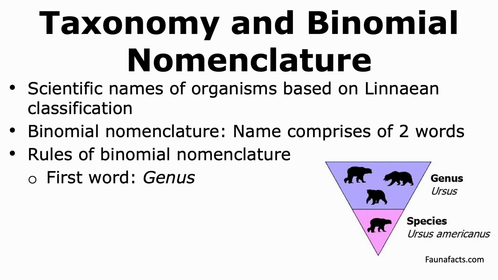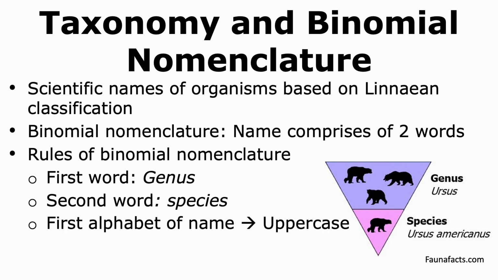These include that the first word of the name of the organism is the name of the genus. The next word, or the second word, is going to be the name of the species. So in the case of the American black bear, the binomial nomenclature states that its scientific name is Ursus americanus.